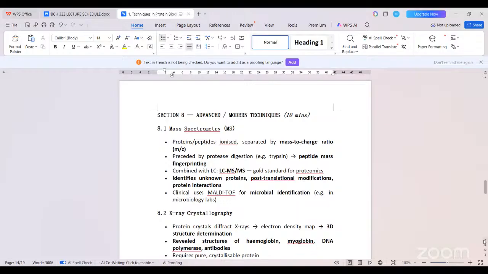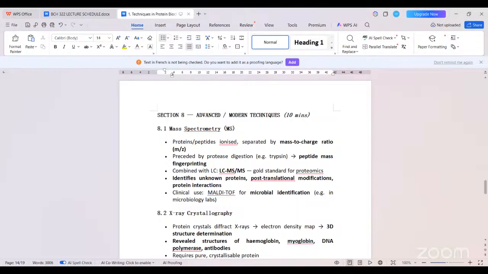What happens in this method is the proteins are ionized and separated by charge, after which a protease digestion is introduced into the solution, and the function of this protease digestion is to break down the peptide bonds so that the amino acids could be released, to break protein into its monomeric form.